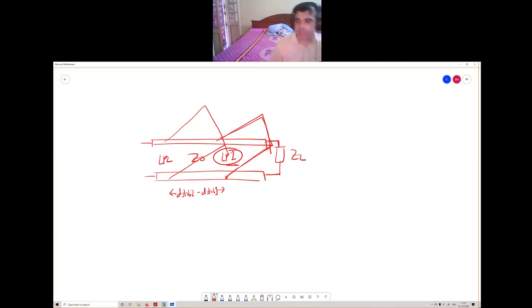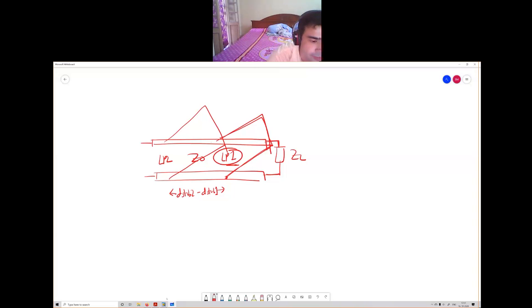So, if we put a reactive stub, we will always move on the constant admittance circle, not on the constant resistance or any other circle.